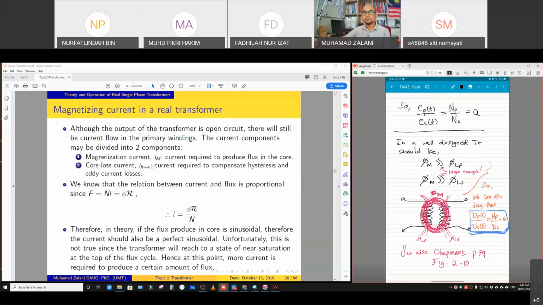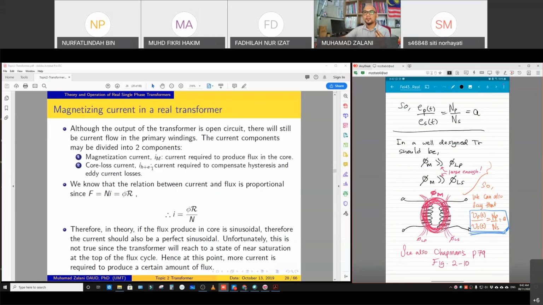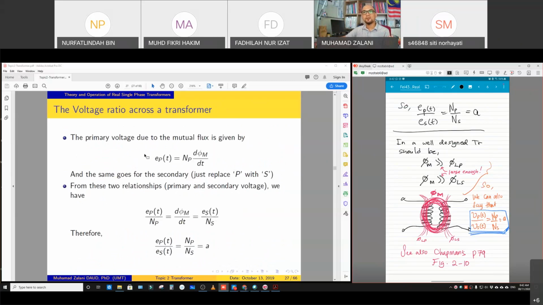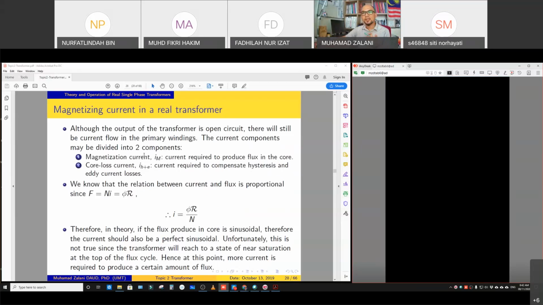So now, losses in terms of magnetizing, and now we are talking about the current in the real transformer. Just now, in the previous slide, we were talking about voltage. Now, how about the current?